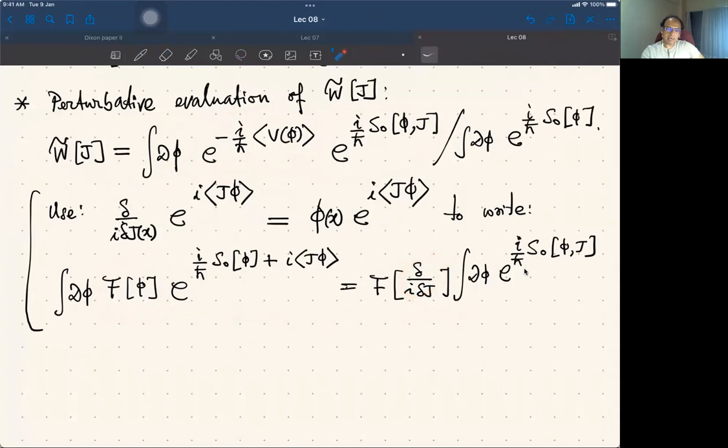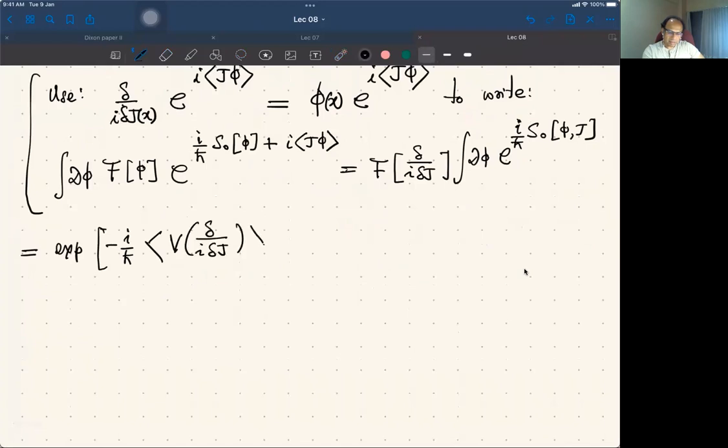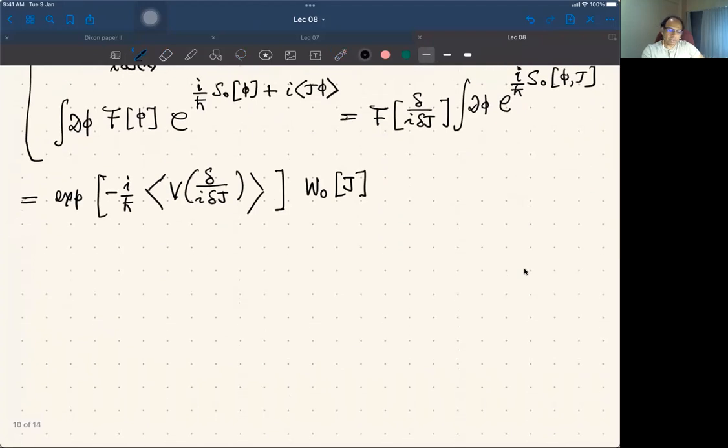Then I have a path integral dφ e to the power i/ħ S0 φ comma j divided by dφ e to the power i/ħ S0, so that ratio is W0. This will be given by e to the power minus i/ħ V of δ over i δj acting on W0 j. But W0 j is known already.